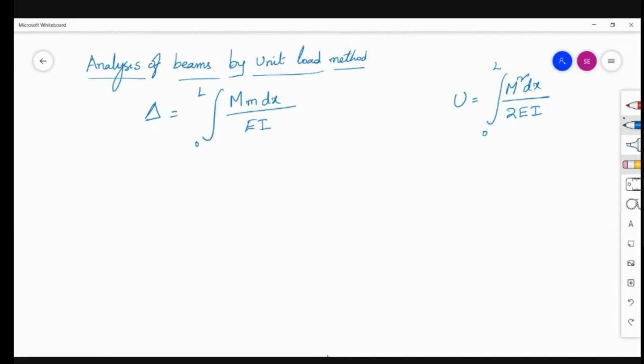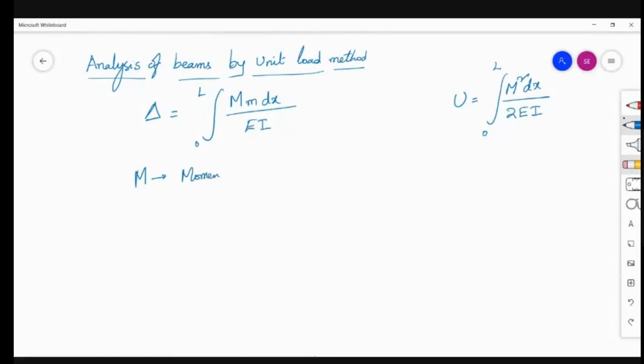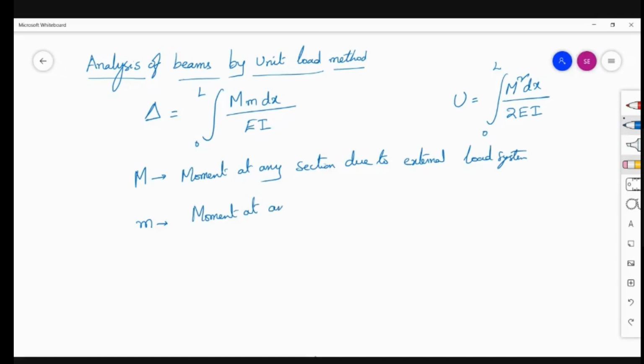Where capital M is the moment at any section due to the external load system, and small m is the moment at any section due to the applied unit load at the required position.